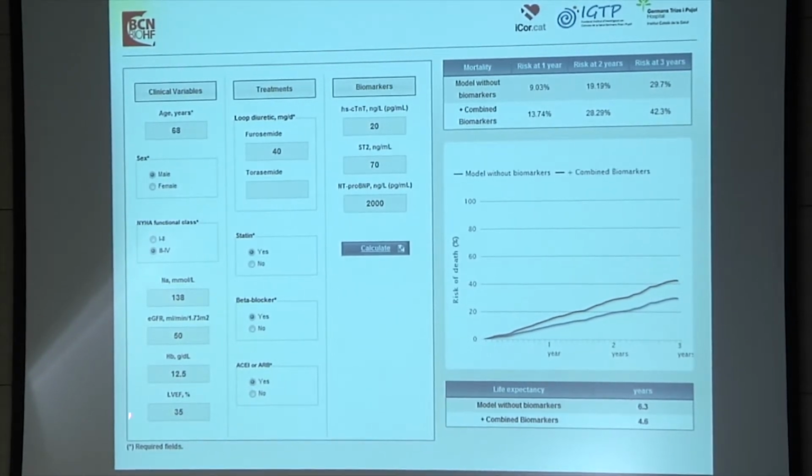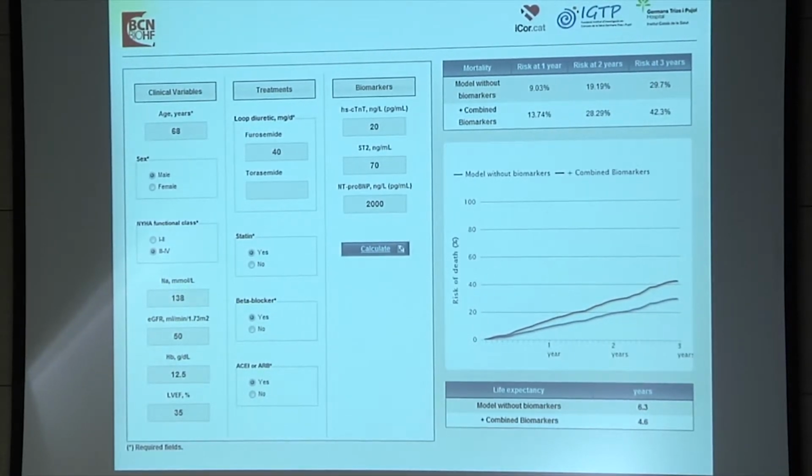When we only evaluate the patient with these clinical variables and treatment, we get the blue line. This means 9% risk of dying at 1 year, 19 at 2 years, 29 at 3 years. Life expectancy 6.3 years.